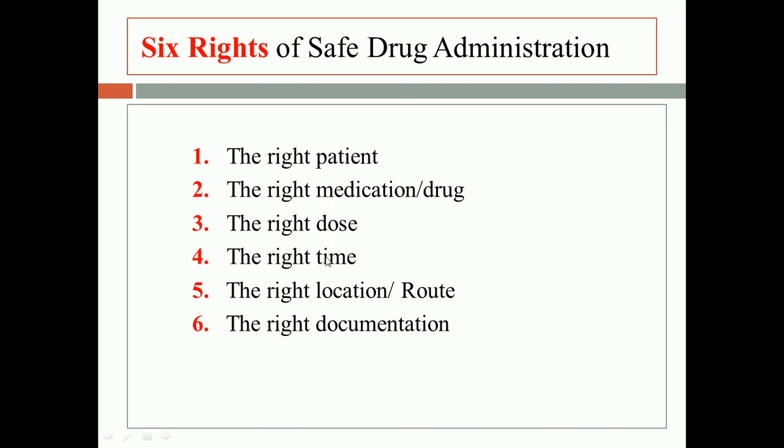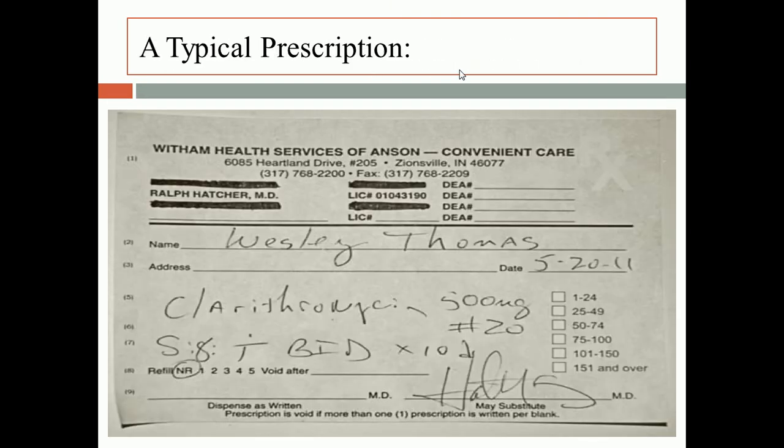These are the 6 rights of drug safety. So coming back to this prescription, for example, if this were a medication order, clarithromycin 500 mg BID for 10 days, to whom? Wesley Thomas is the patient who will receive that drug.